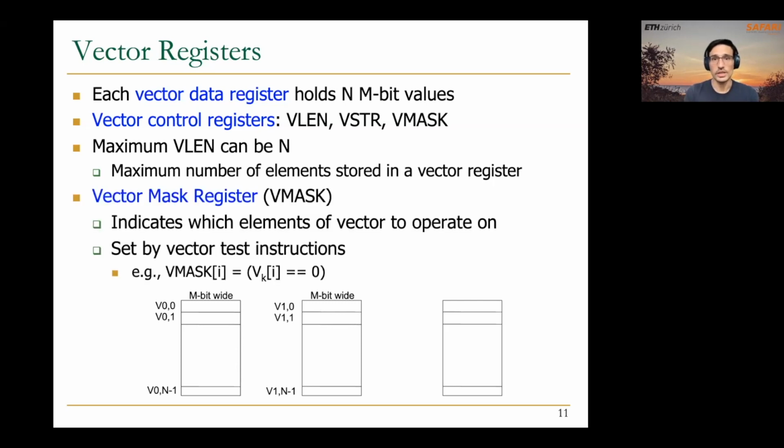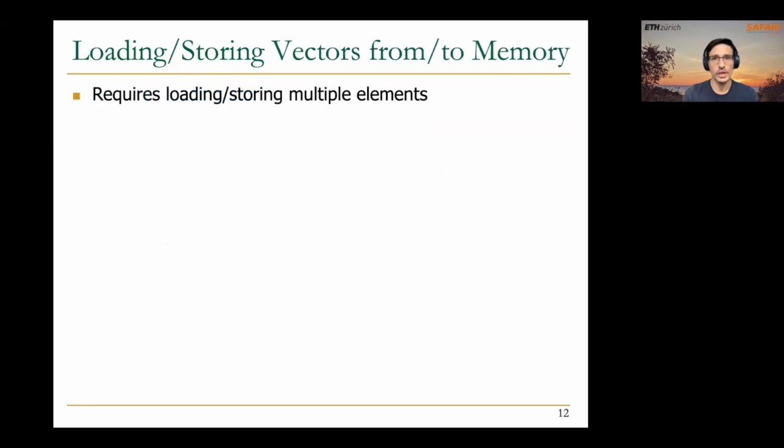And then, as I said, the vector mask register indicates which elements of the vector we have to operate on. For example, imagine a code where we have an if statement to check if an index is even or odd. Depending on that, we are going to perform one operation or a different operation. That's the conditional execution that I meant.